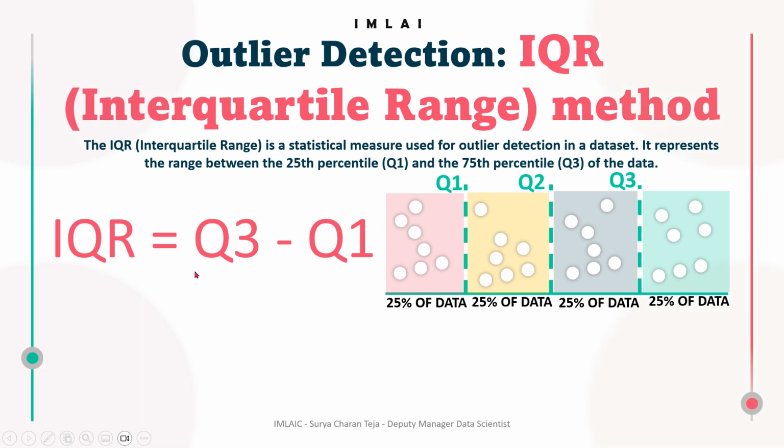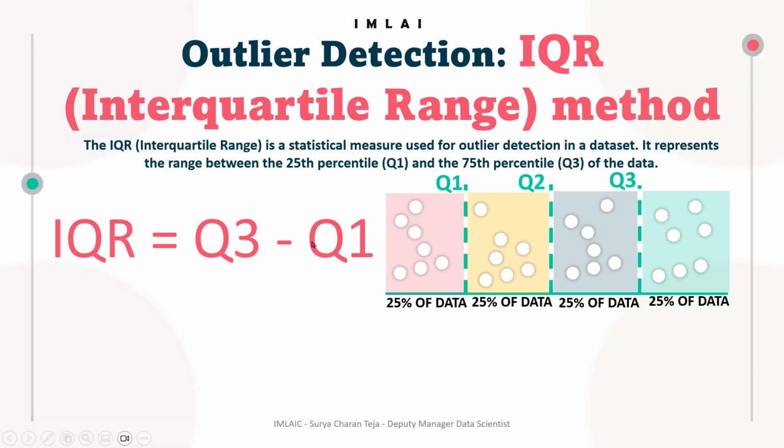So IQR is calculated by subtracting the 25th percentile, quartile 1, from the 75th percentile, quartile 3. This is the formula to calculate IQR: IQR is equal to quartile 3 minus quartile 1.